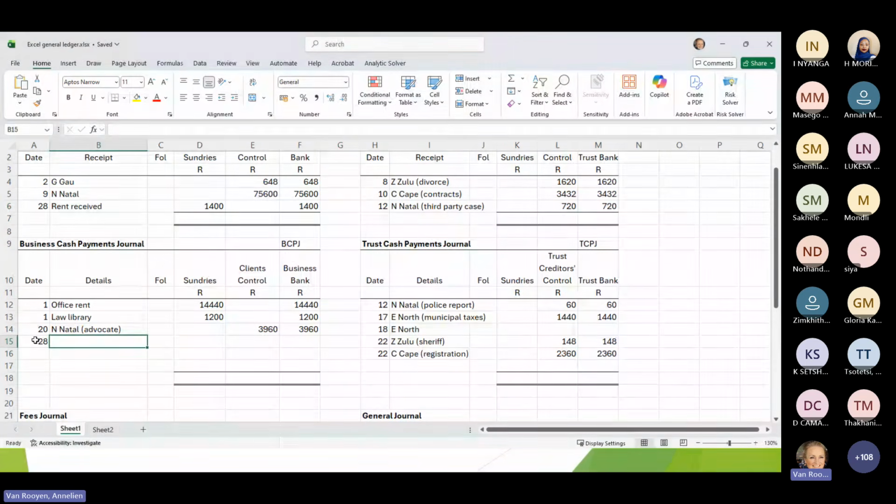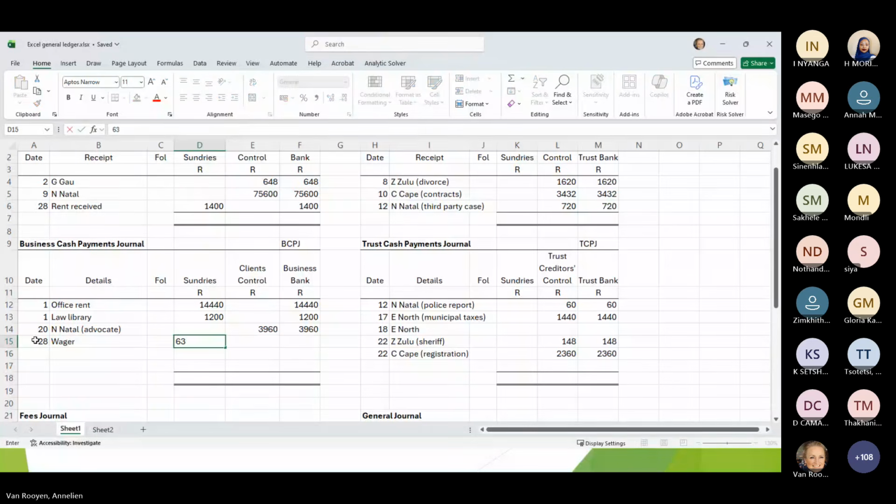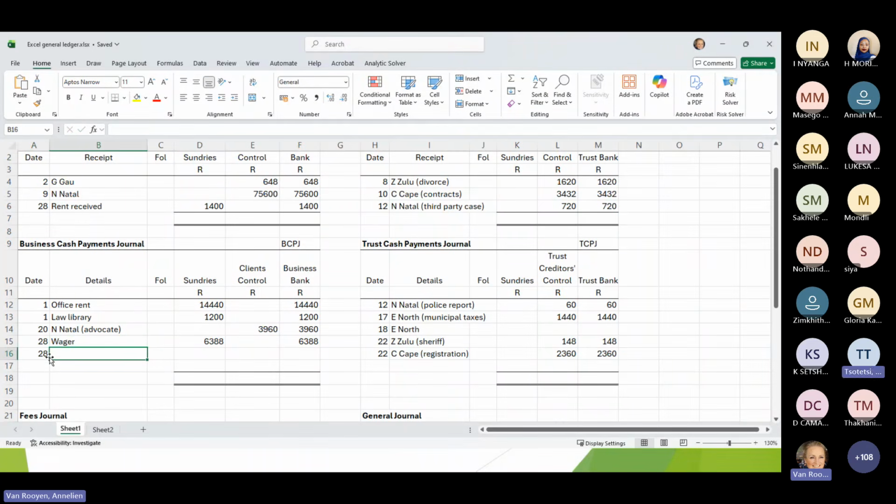It's everything to do with the business. Electricity. Easy marks, quick. And telephone. Okay, and the last one.